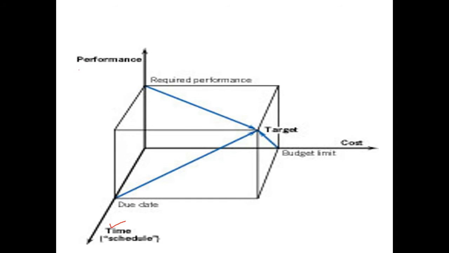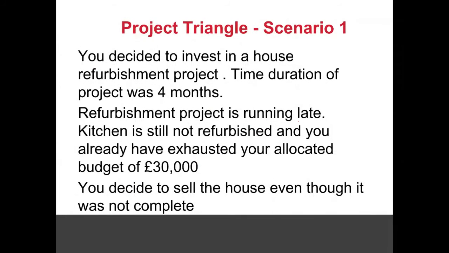There are other things such as quality and cost, and sometimes we have to compromise between these 3 or 4 or 5, depending on the project dimensions, to get an ideal solution to a problem that we are facing. So here we are talking about different scenarios, and you have to see, in a traditional project management golden triangle, which dimensions have been compromised.